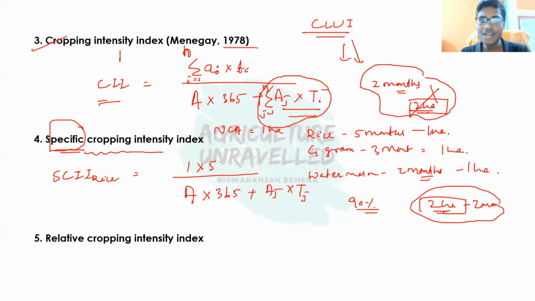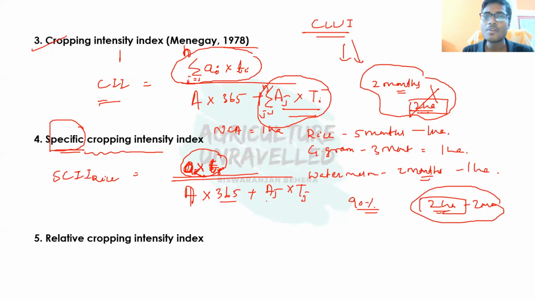It is the same thing, but instead of the summation over all the crops, here we are taking only one crop. So the formula is AR into TR, the area under rice into the duration of rice, divided by net cultivated area into 365 plus temporary cultivated area into temporary time period. So this is the specific cropping intensity index.